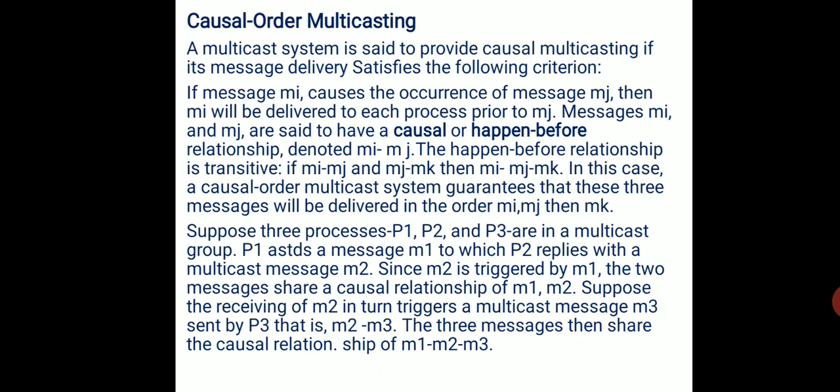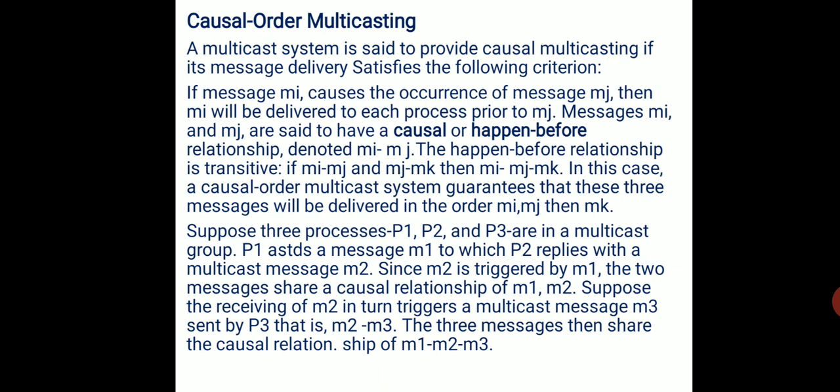The reply should not come first; it should come later than the message that caused it. Here Mi caused the reply message Mj and Mj caused the reply message Mk.